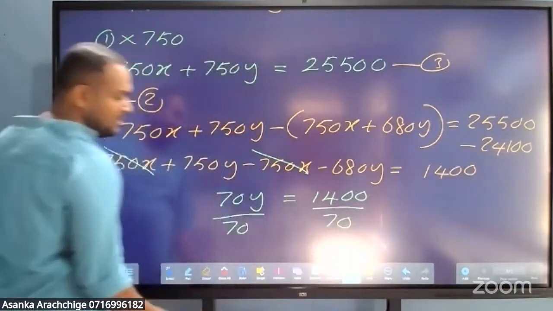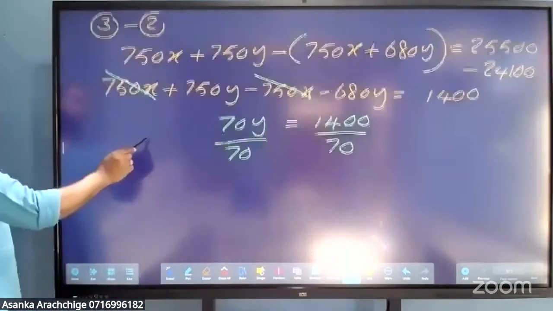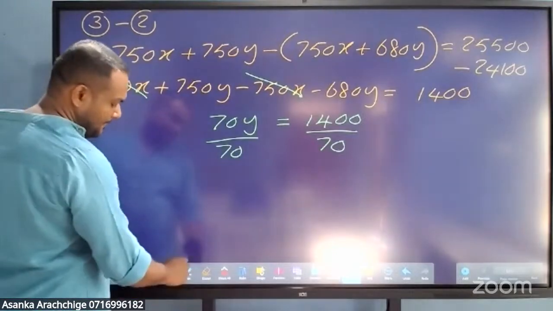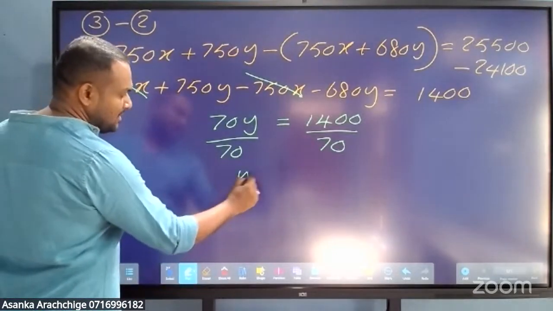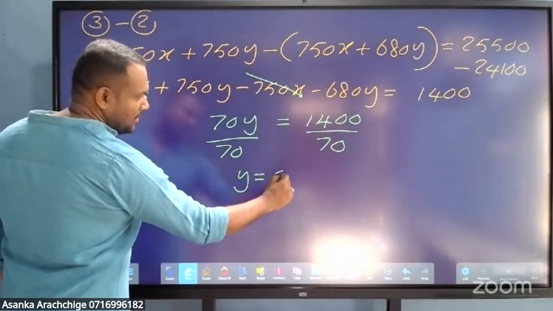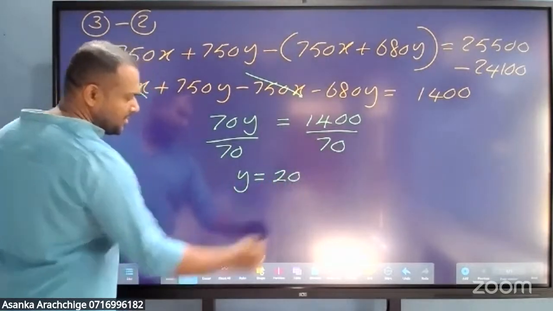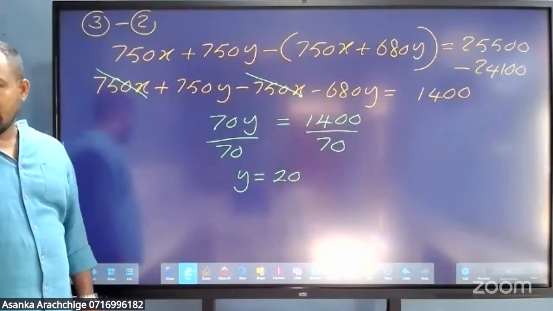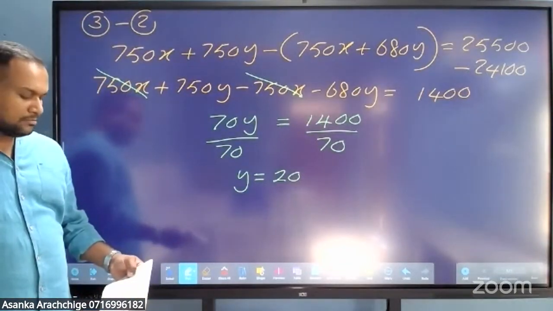Then y is 20. There are 20 women in that elders home.